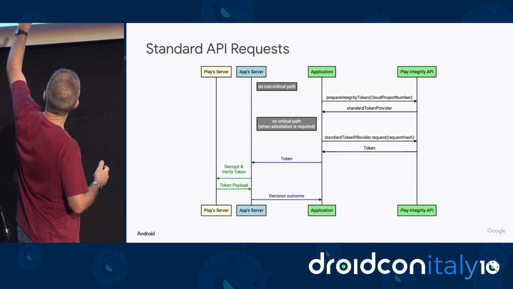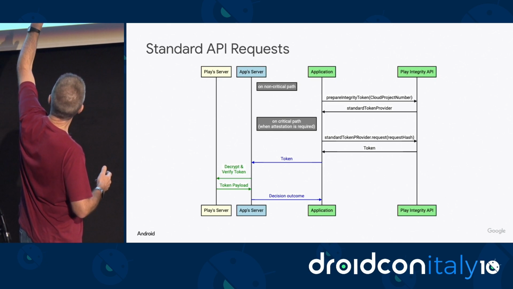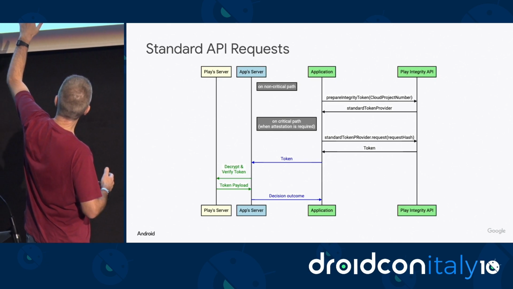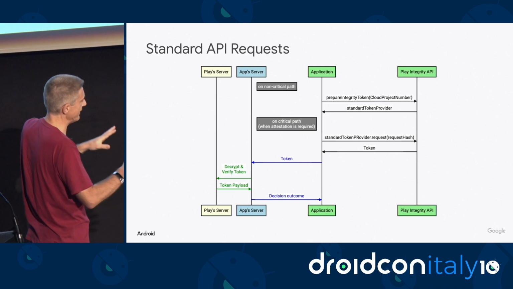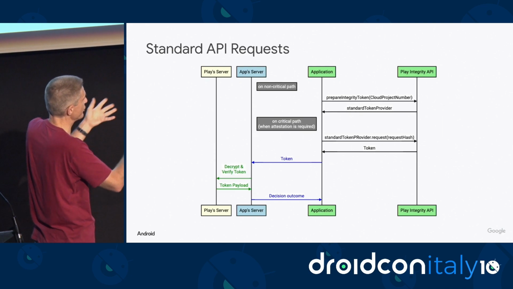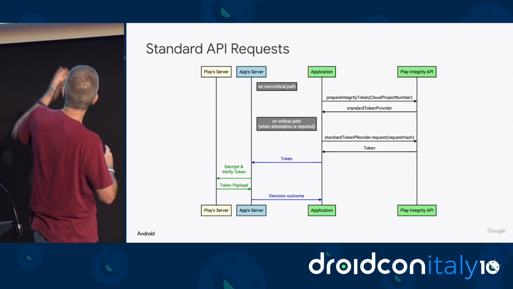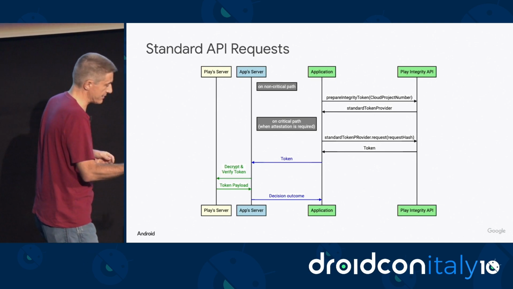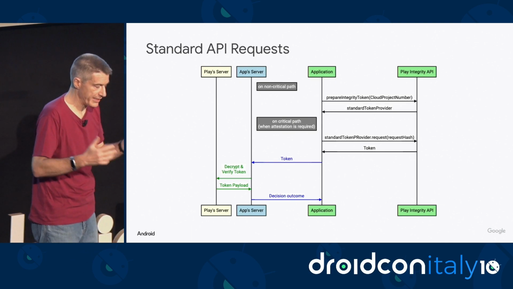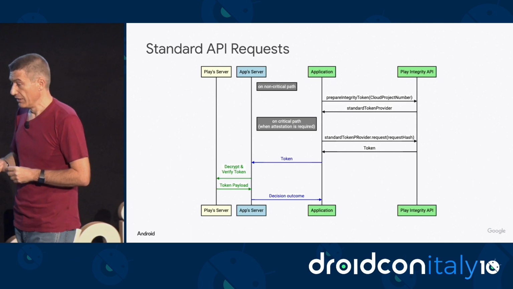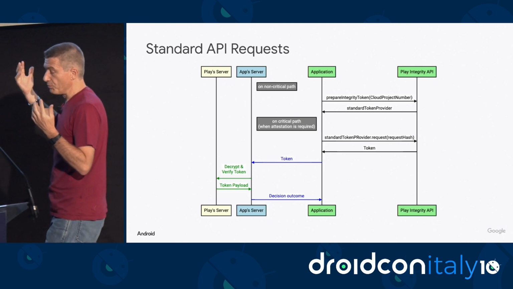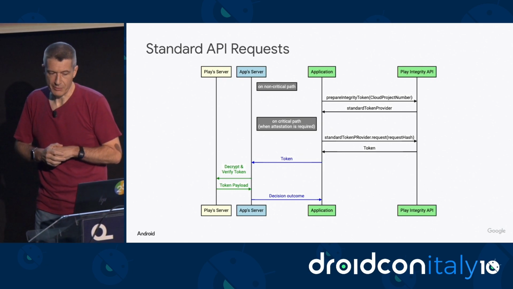The token goes to the application server, is decrypted and verified, so it's checking that this request hash contains the right information, and then the token payload comes to the backend system, and there is a decision again. You can use both kinds of requests in your application.